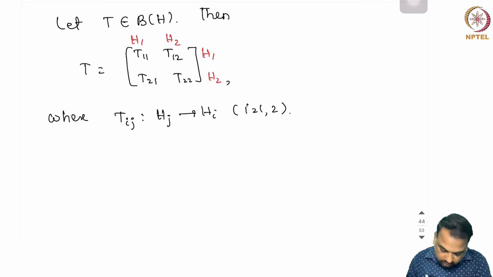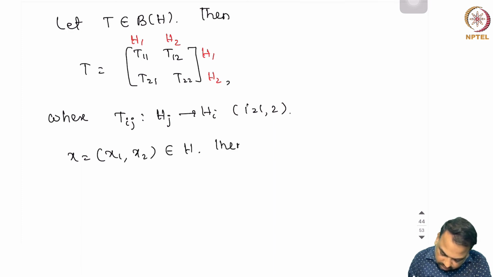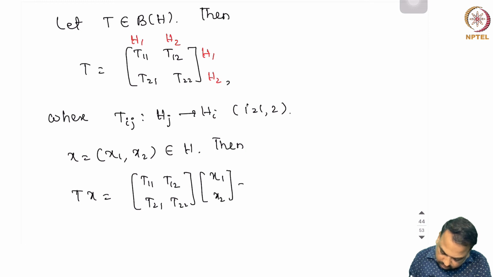So if I take X as (X1, X2) in H, then T of X we can define as the matrix T11, T12, T21, T22 applied to X1, X2.